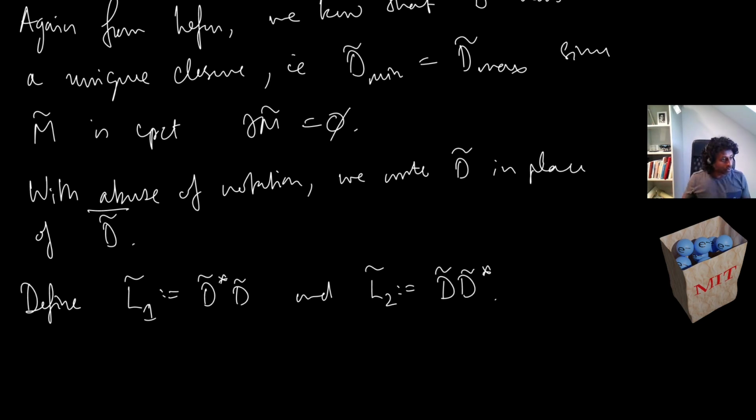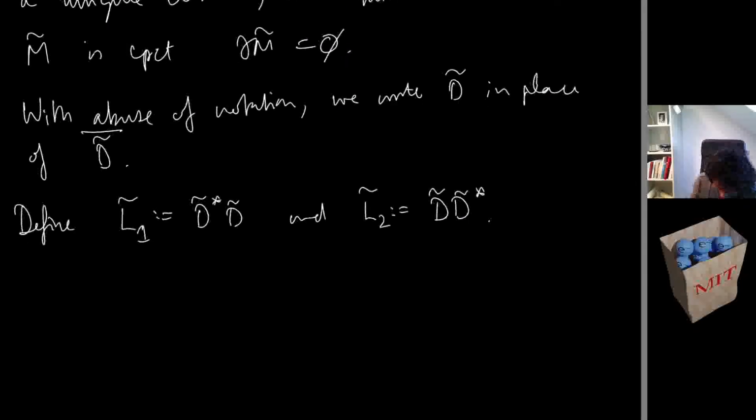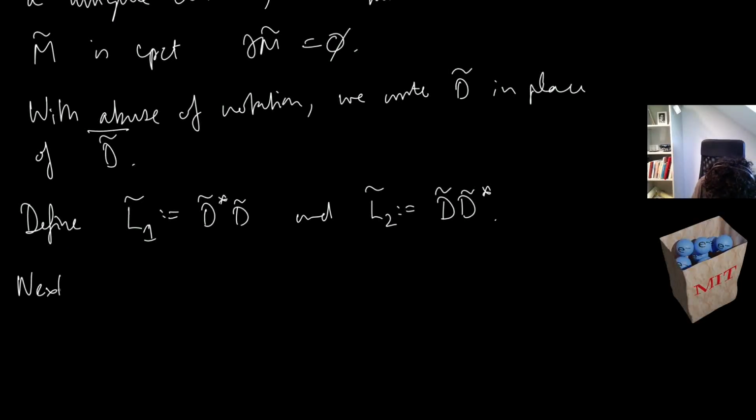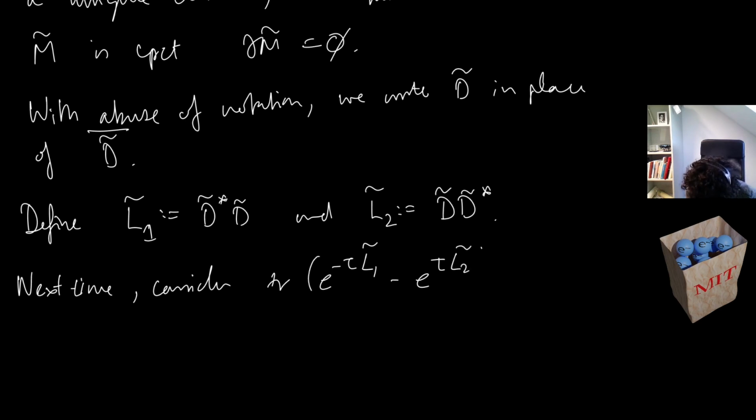So what we want to do next time is consider the trace also of e to the minus tau L1 tilde minus e to the minus tau L2 tilde, right? Which is really now the index of D tilde on the closed manifold, right?